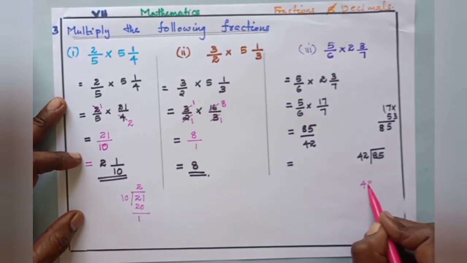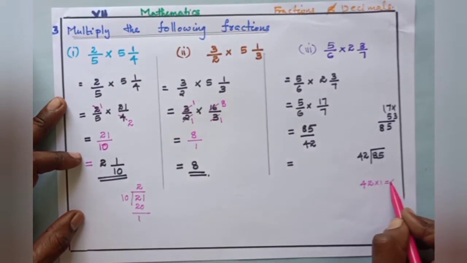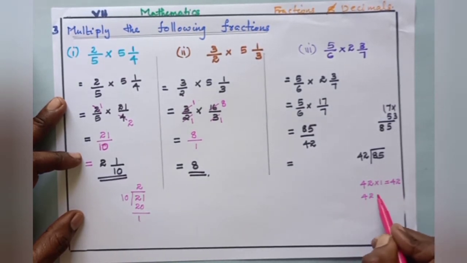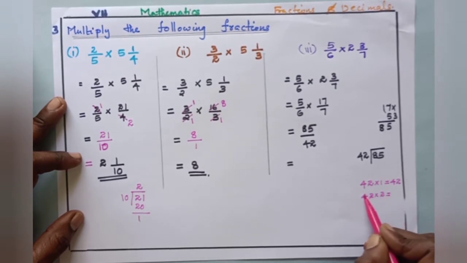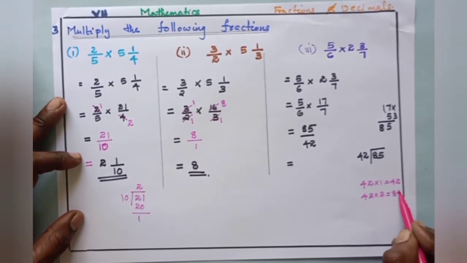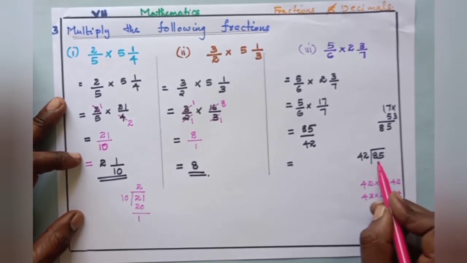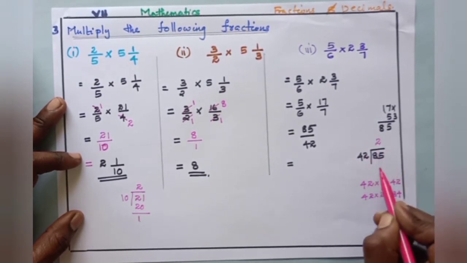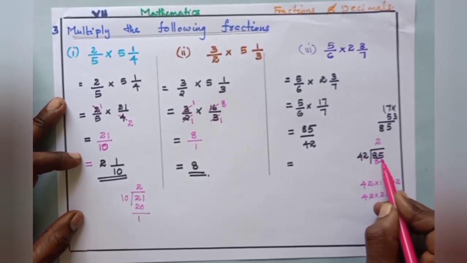So 42 into 1 is 42. 42 into 2: 2 2s are 4, 4 2s are 8, 84. So the very nearest number is 84. So how many times? 2 times, 84.